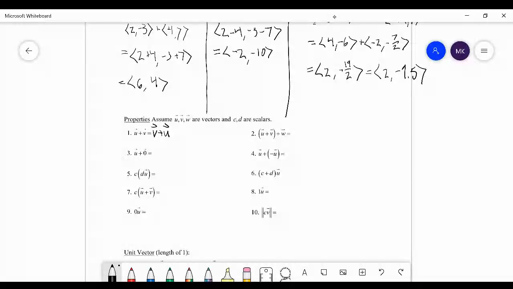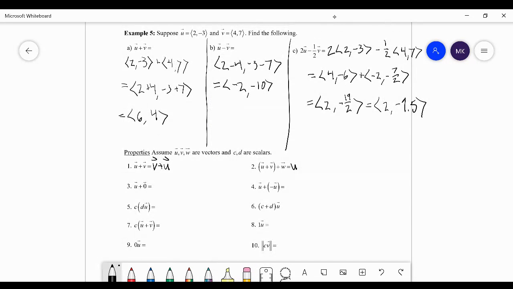And vector u plus vector v, then plus vector w, is the same as vector u plus the quantity vector v plus vector w. Vector u plus the 0 vector is just vector u. It's a terrible vector. Vector u plus negative vector u is just the 0 vector.